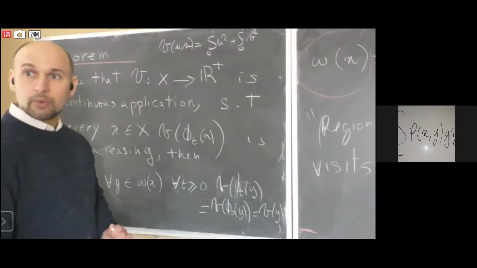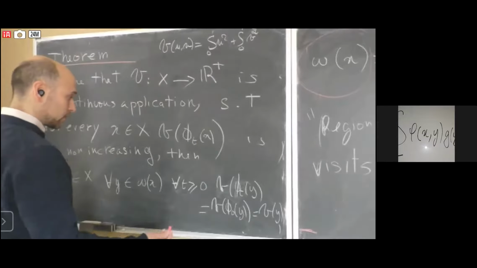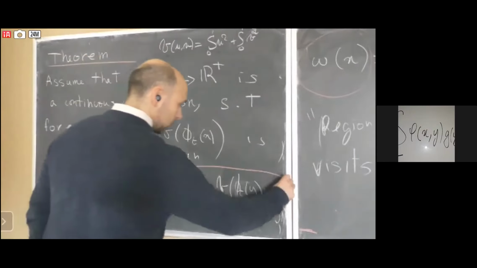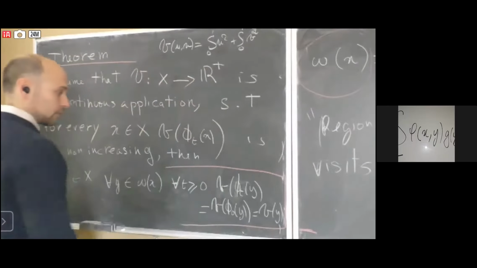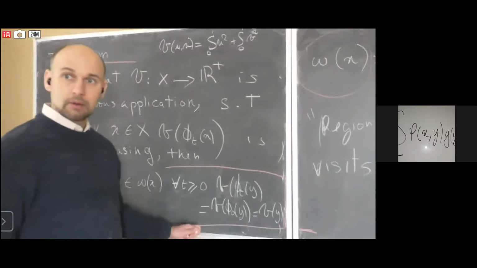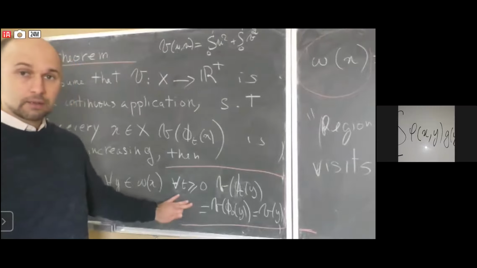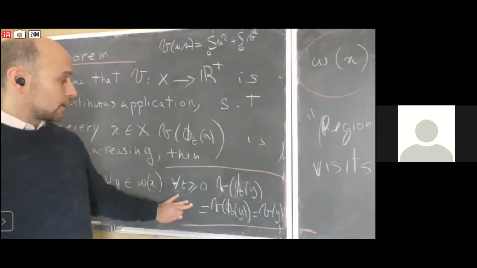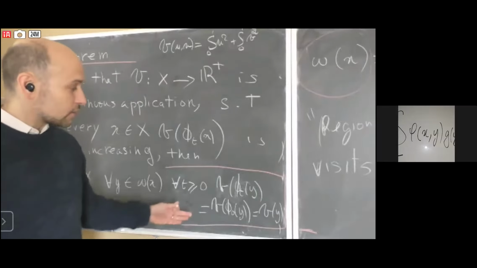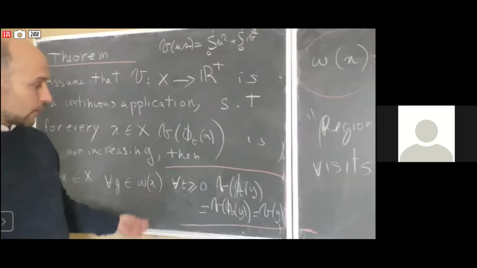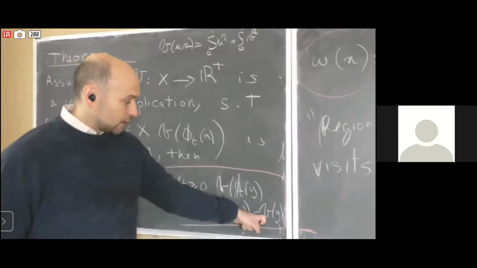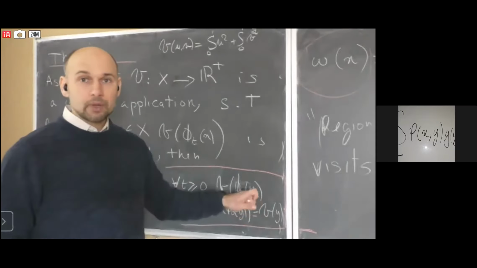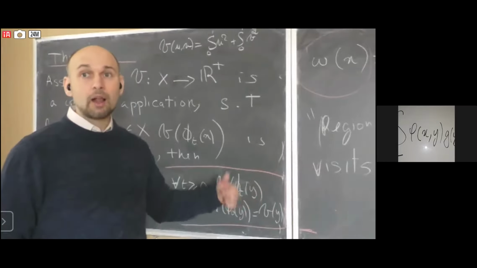I hope you can see that this is important. You can see? Yes. Okay, great. So what does it mean? It means that V, this quantity, remains constant along the trajectory.